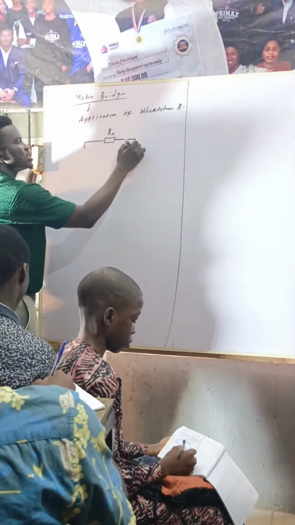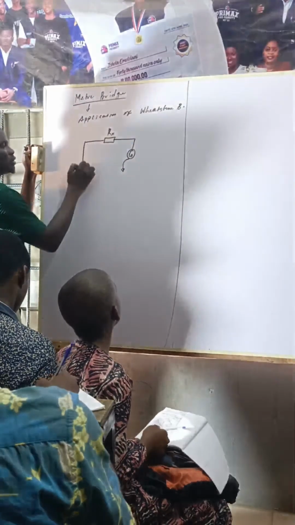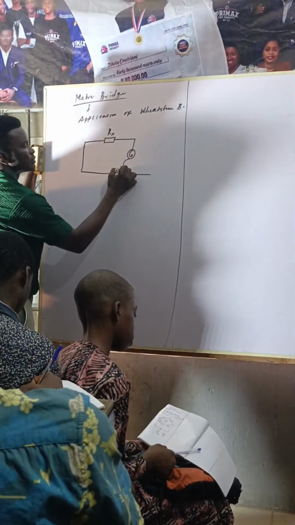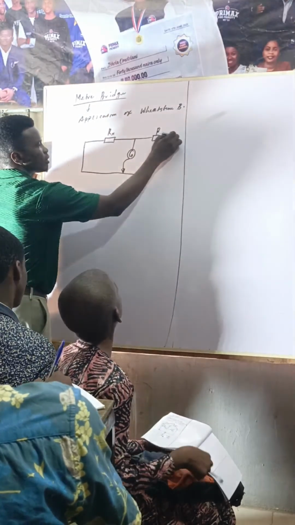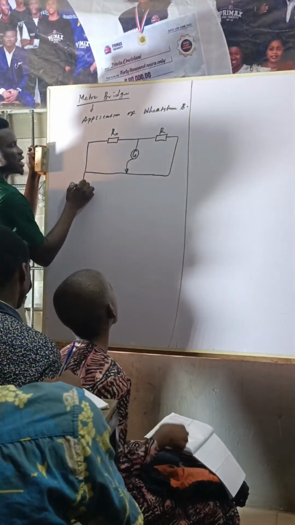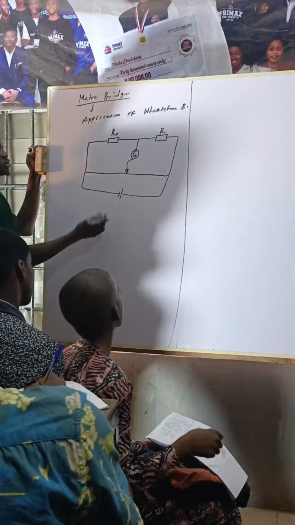Your meter bridge has something like this, with a jockey and a wire, then another resistance, then connected across the battery. So it's just like that.